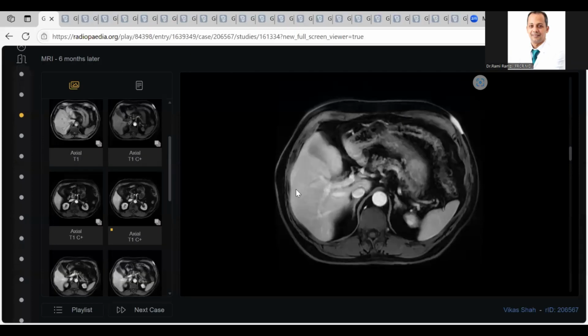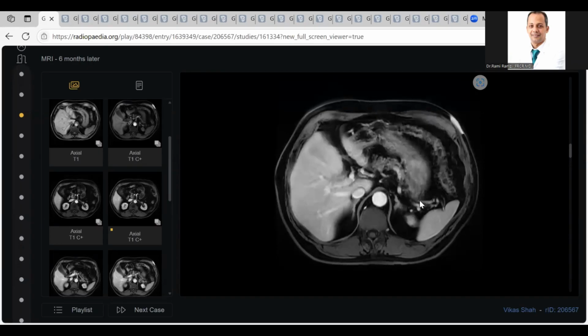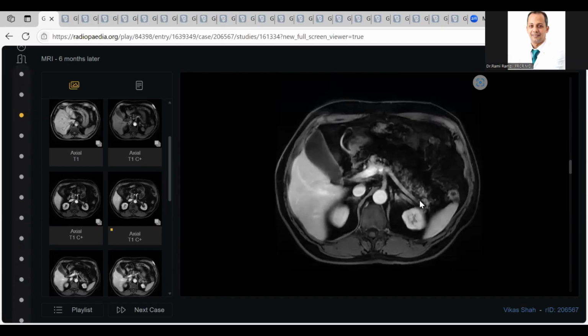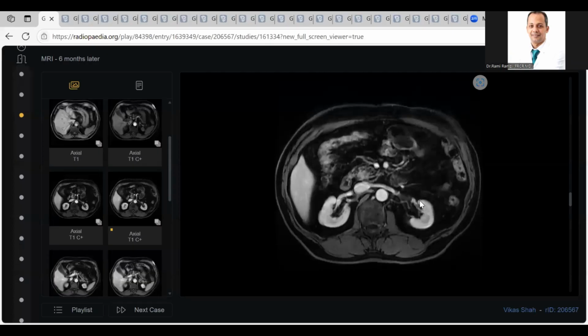This is a well circumscribed enhancing lesion in the tail of the pancreas. Excellent. You mean this one? Yes, sir, this one. Excellent. And this is the artery, by the way.